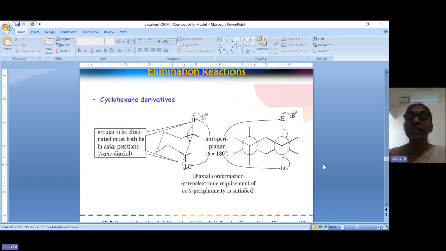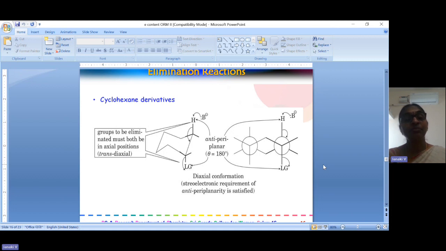When it is equatorial-axial, they are syn to each other, not coplanar. When it is di-equatorial, they are anti to each other, but not coplanar. But when it is diaxial, it is anti as well as coplanar. So the diaxial conformation is very susceptible for the E2 reaction to occur.